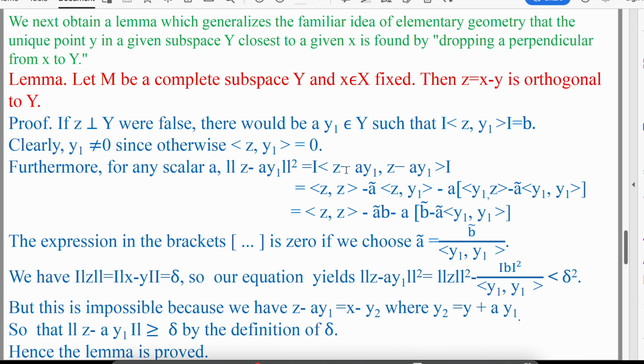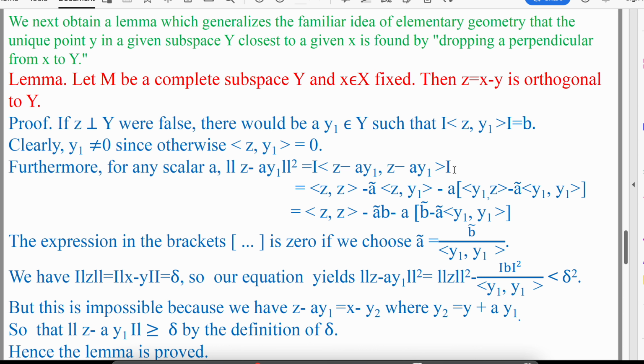If we simplify this, we get inner product of z with z minus, because a is on the right side, a bar inner product of z with y1, then this with this, minus, it is on the left side, a inner product of y1 with z, then this with this, a a bar inner product of y1 with y1.